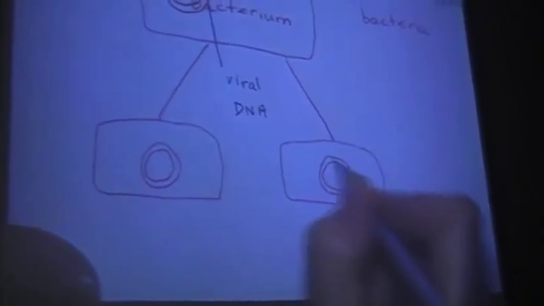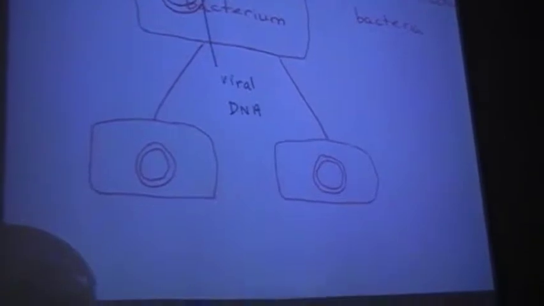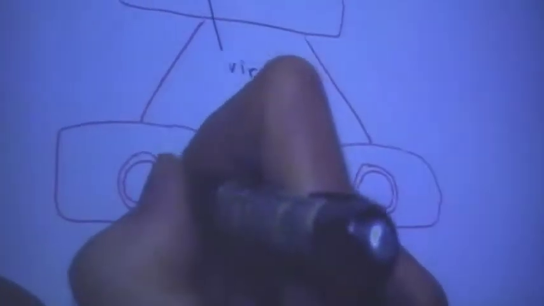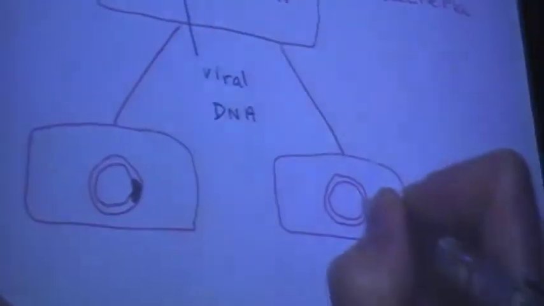What's going to be part of its new DNA in each of the cells that it makes? That bacterium is actually going to make more viral DNA for the new cells that it's producing. So see how a virus can take over your body?